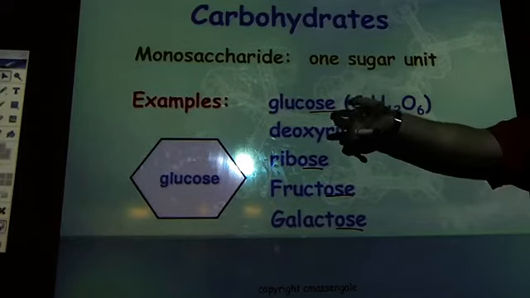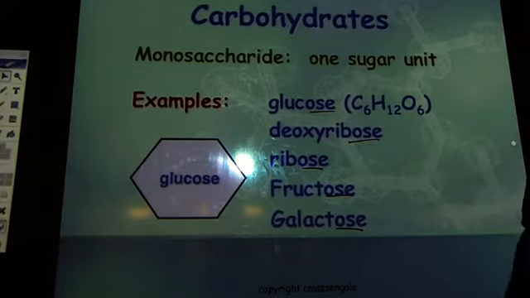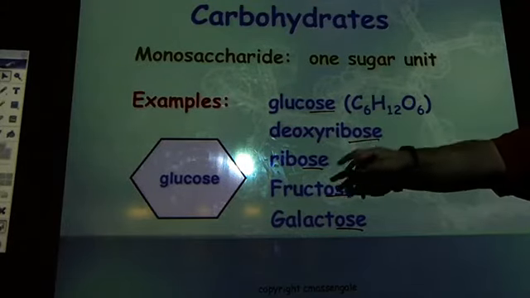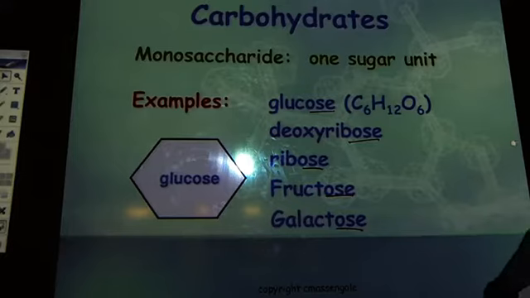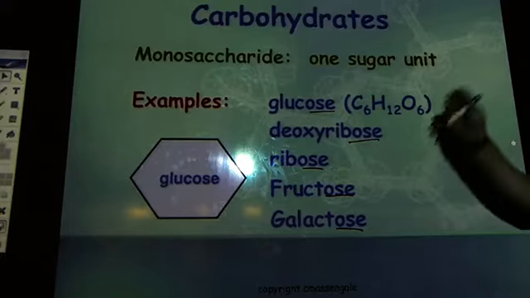So all these sugars end in -ose. Glucose, ribose, fructose, galactose. Does anybody know anybody that's lactose intolerant? They can't process milk sugar. There's maltose. There are lots of -oses out there.